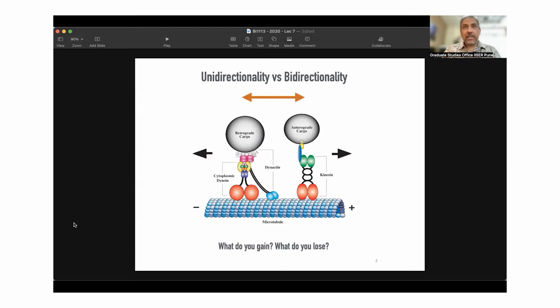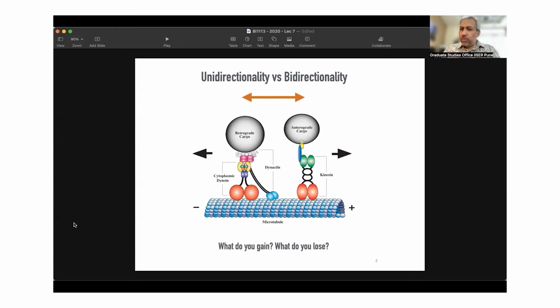And motor proteins are particularly relevant because they regulate vesicular trafficking, as we talked about, right? And when they regulate vesicular trafficking, they are carrying fairly important cargoes. The delivery of the cargo is very time and space bound, which means things have to reach at a very specific time at a very specific place, right?